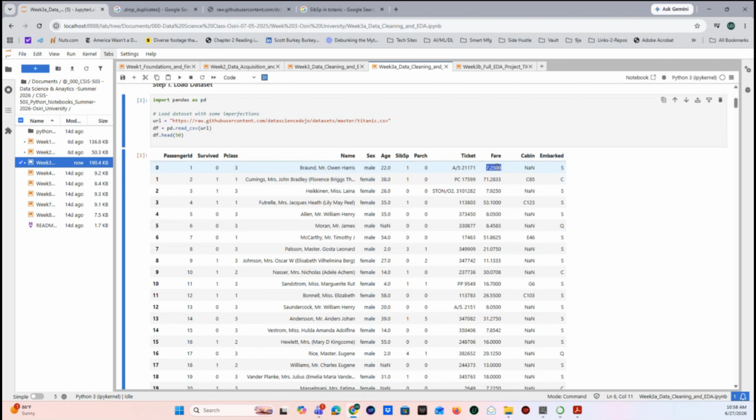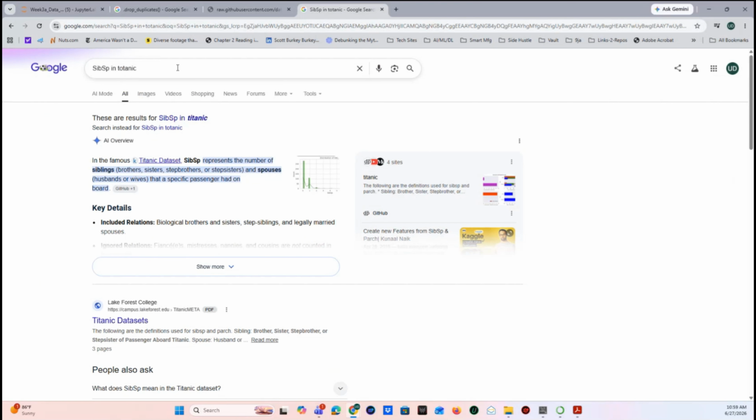That's why he was paying seven, probably this was dollars or pounds, 7.2. So this other person was in first class and they paid $71. So that's the difference. And then this is the cabin where they were. We didn't know where this guy's cabin was.